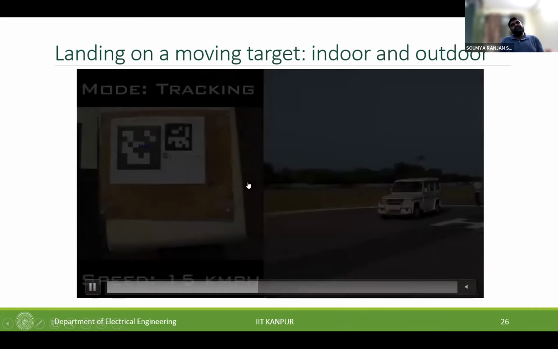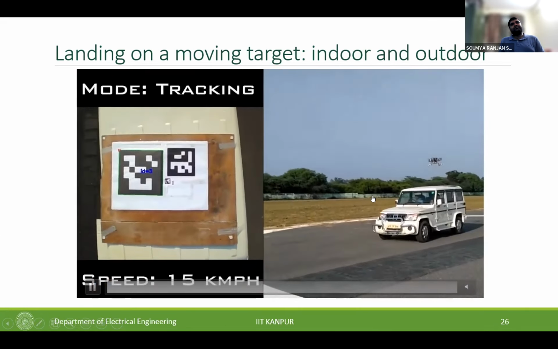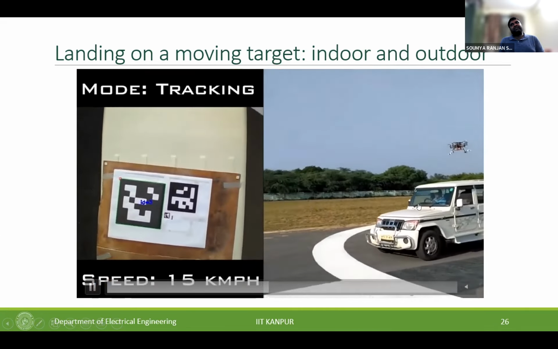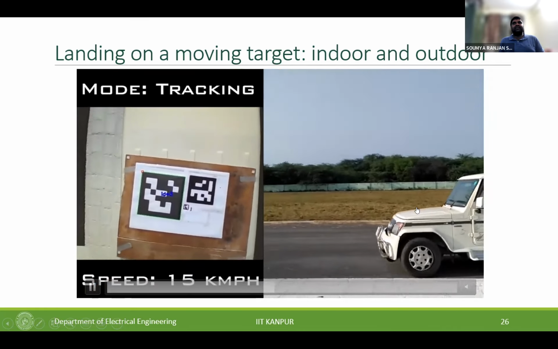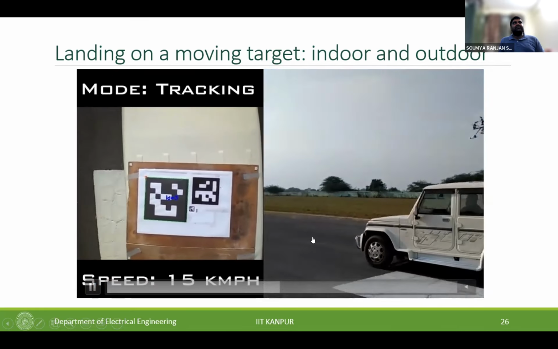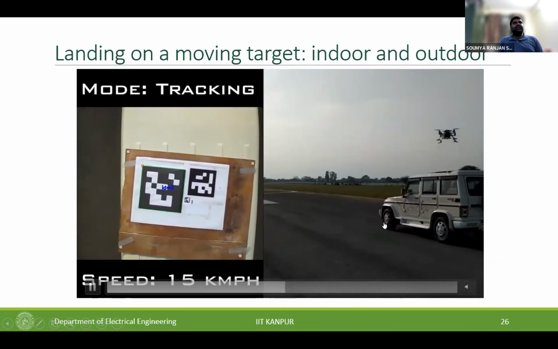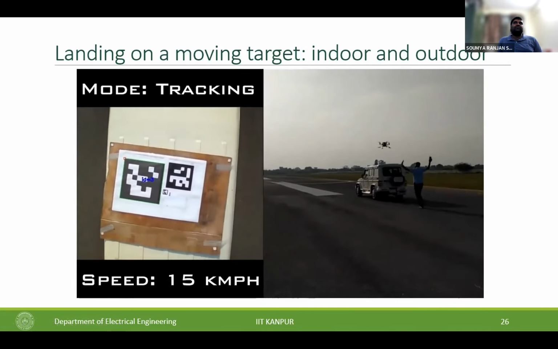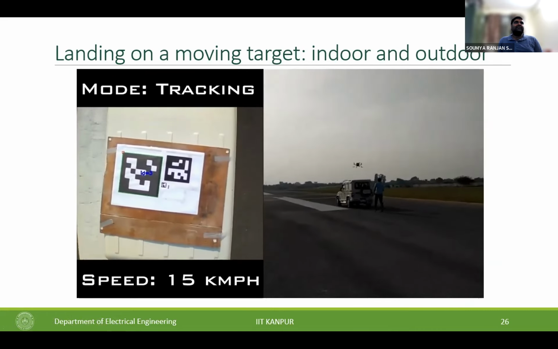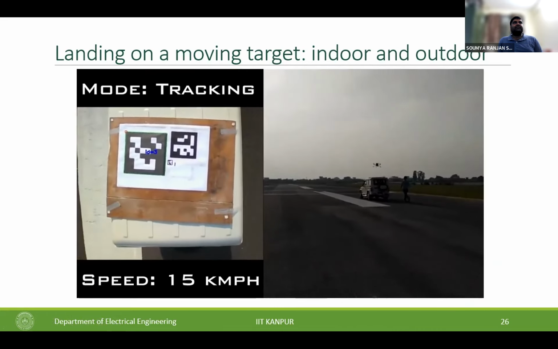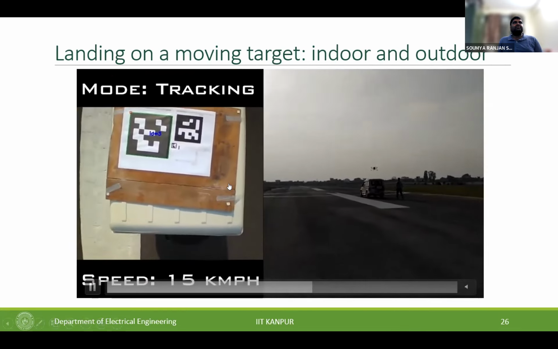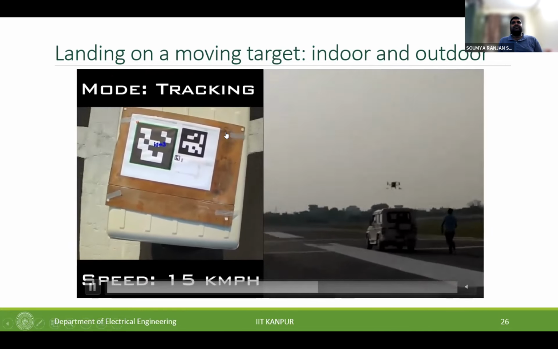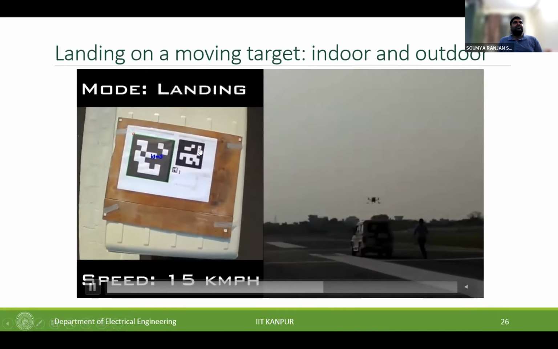So with this, we thought we'll go outdoors. So in outdoors, thanks to the runway that we had, we did two experiments, one at a speed of 15 kilometers per hour. So the quad could basically track the vehicle at 15 kilometers per hour, and then it starts to land once we command it to land.